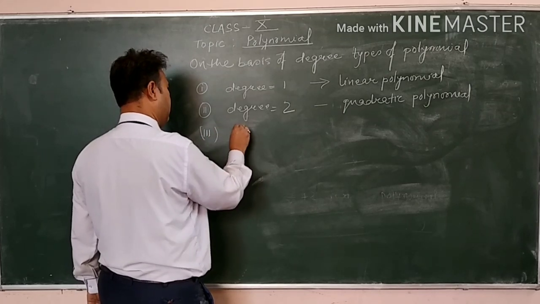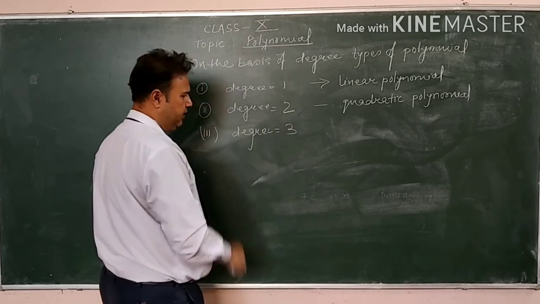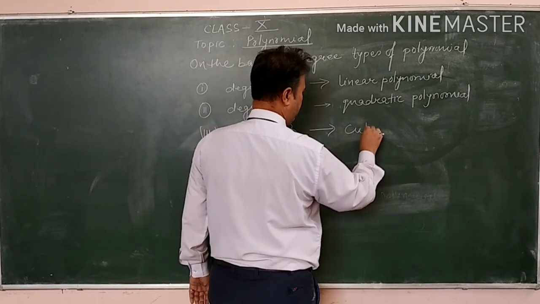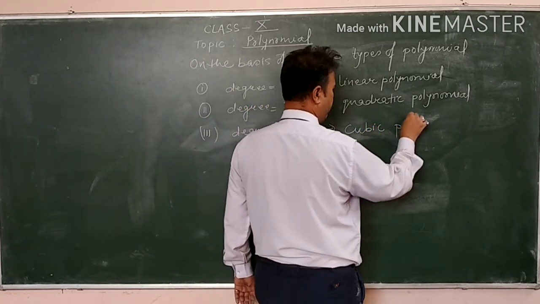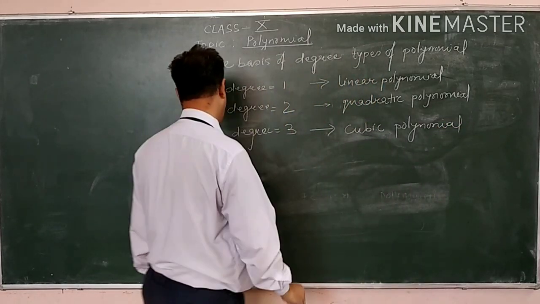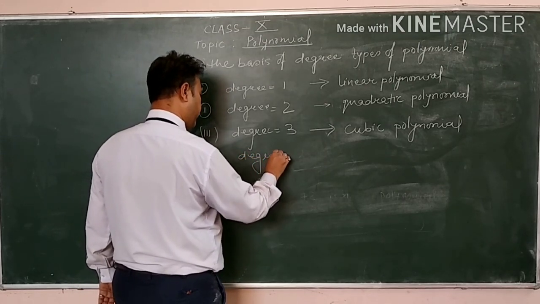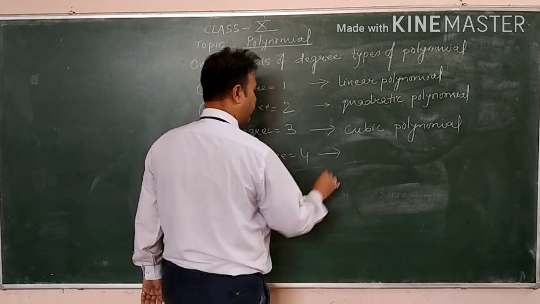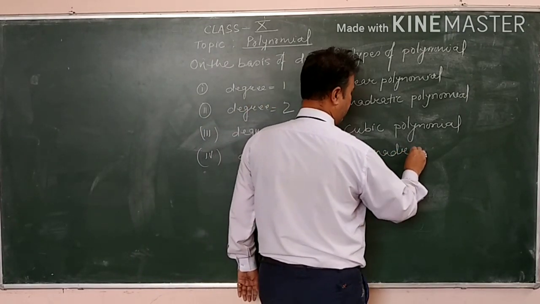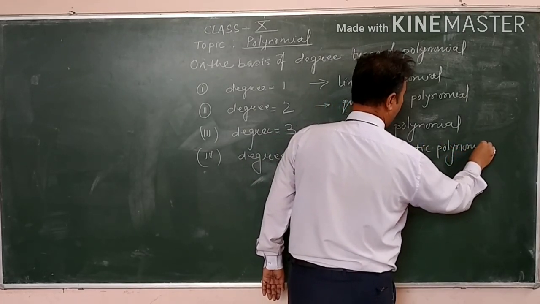Degree 3, cubic polynomial. Degree 4, biquadratic polynomial.